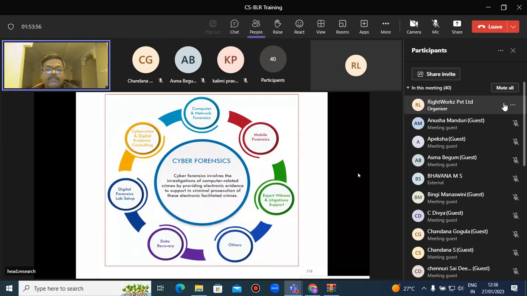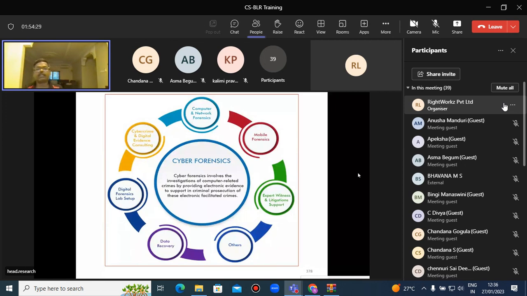Cyber forensics involves the investigation of computer-related crimes by providing electronic evidence to support criminal prosecution of these electronically facilitated crimes. So that is called cyber forensics. It involves seven steps.